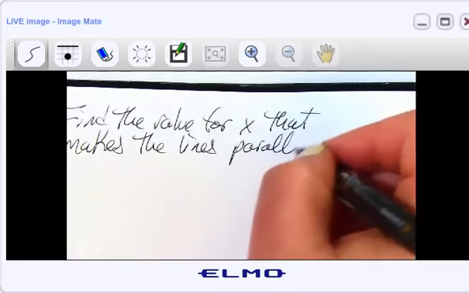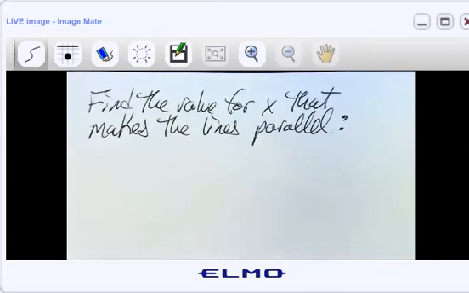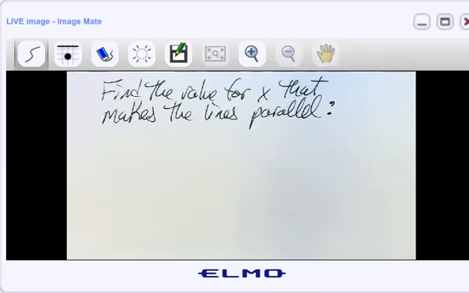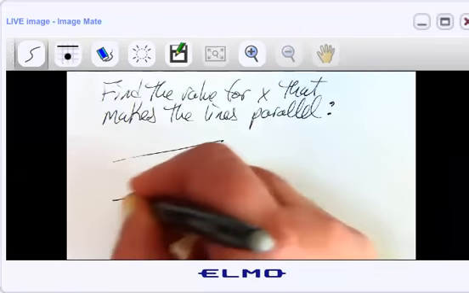In your previous assignments, your lines have always been parallel. Now I'm trying to figure out what's the one and only one value that will make them be parallel.